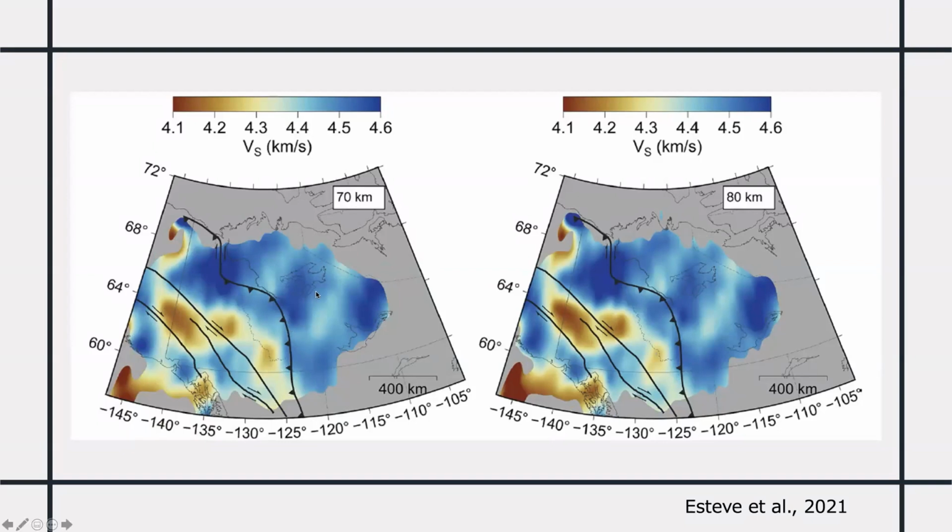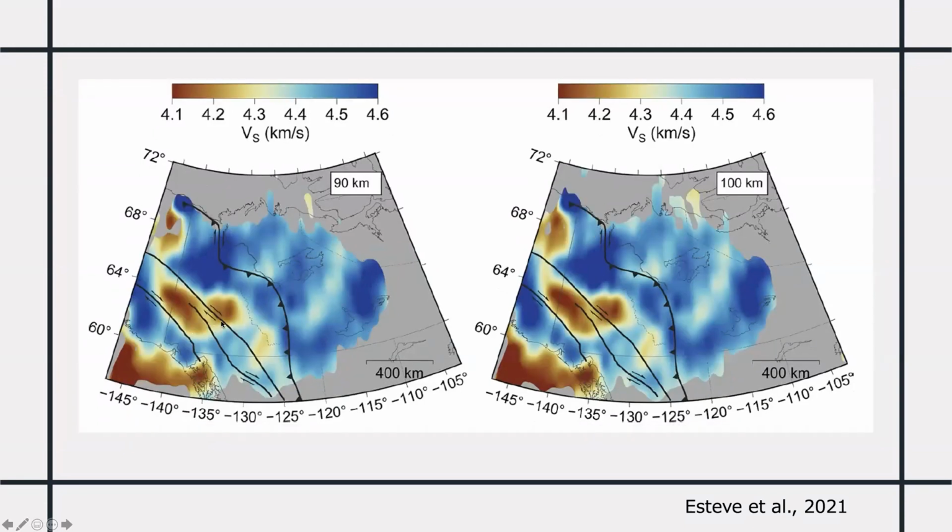Here I show 70 and 80 kilometers depth. We can see the anomaly to the west. The low velocity anomaly is growing in size. Here, in the 80 kilometer figure on the right, again, the low velocity feature is growing in size, but I also have a fairly high velocity feature just to the southeast of it.